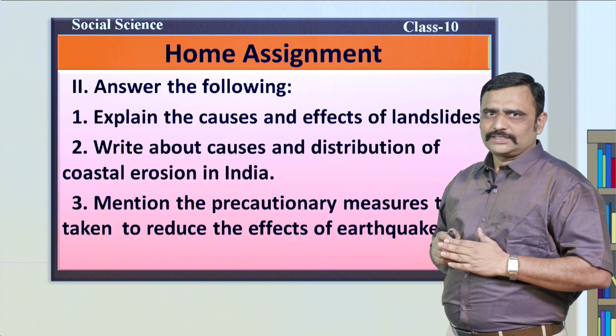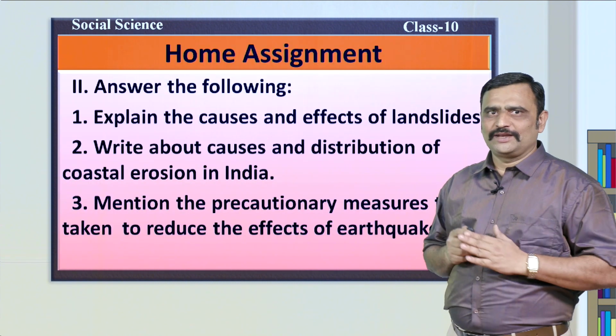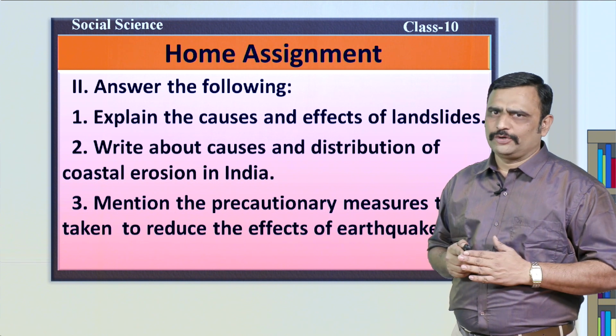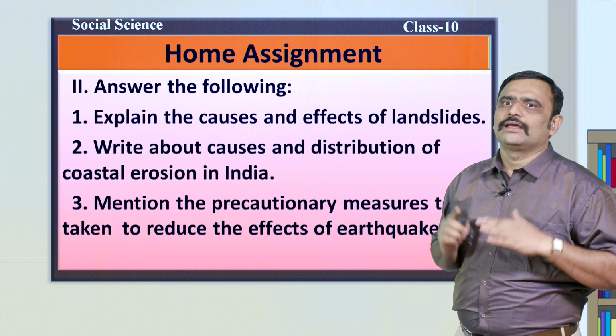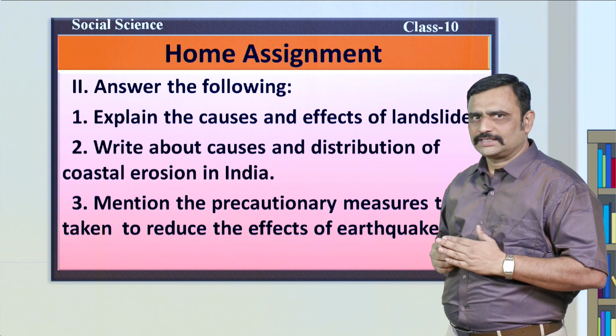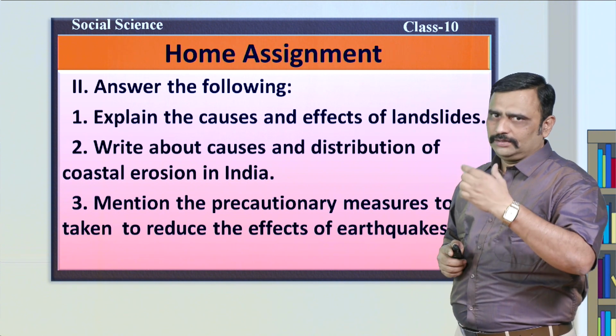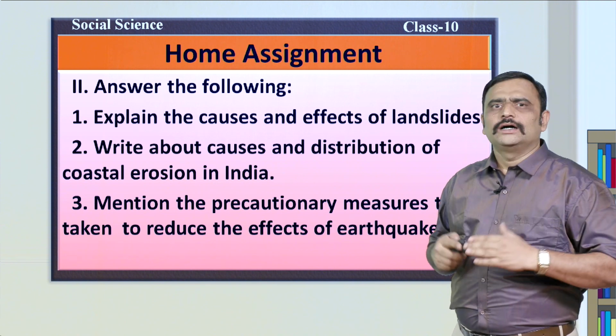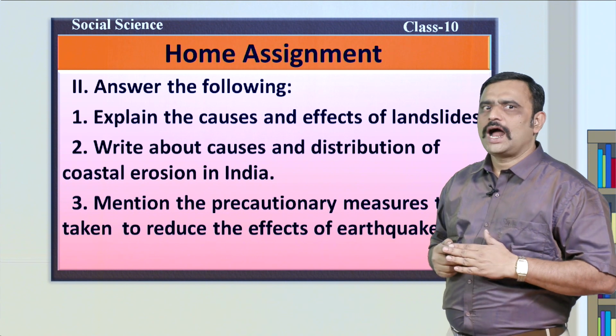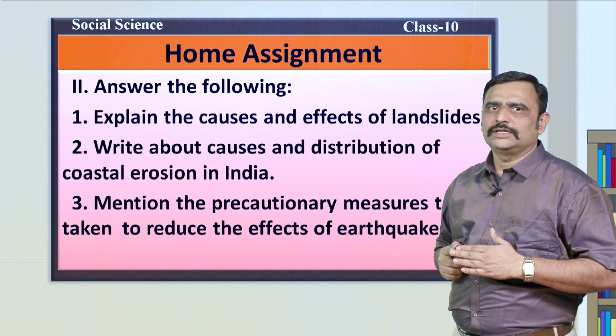Yes, dear students, now it is the time for home assignments. Answer the following questions. First question, explain the causes and effects of landslides. You need to write the causes and effects of landslides separately. Write about the causes and distribution of coastal erosion in India.